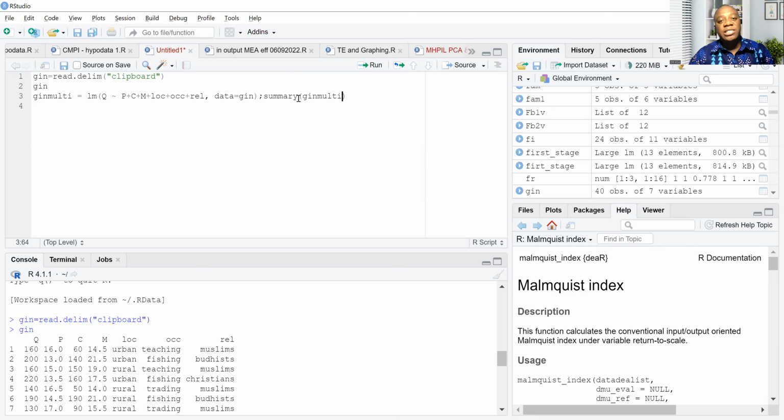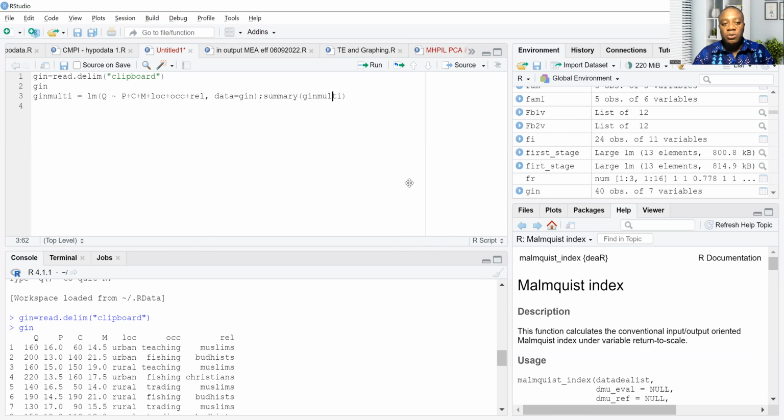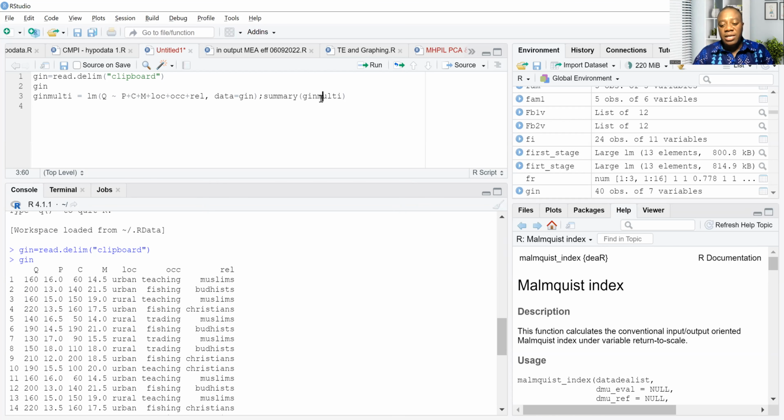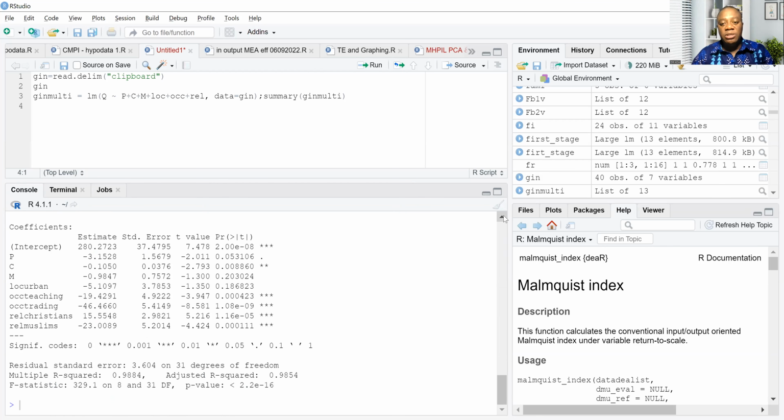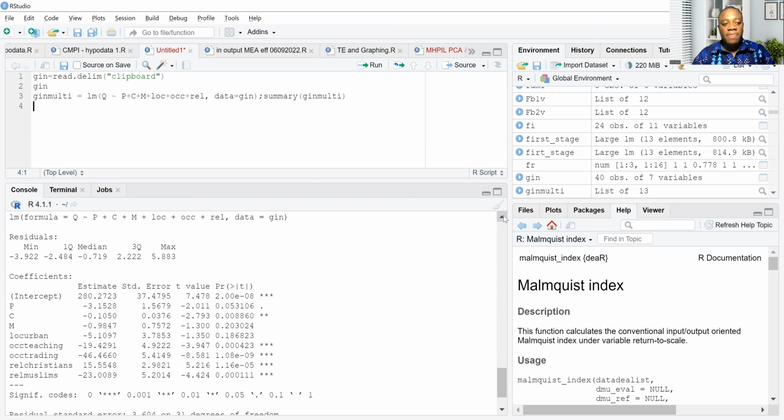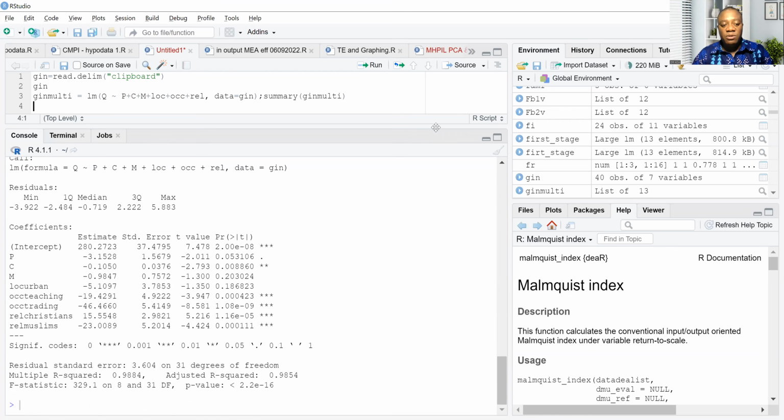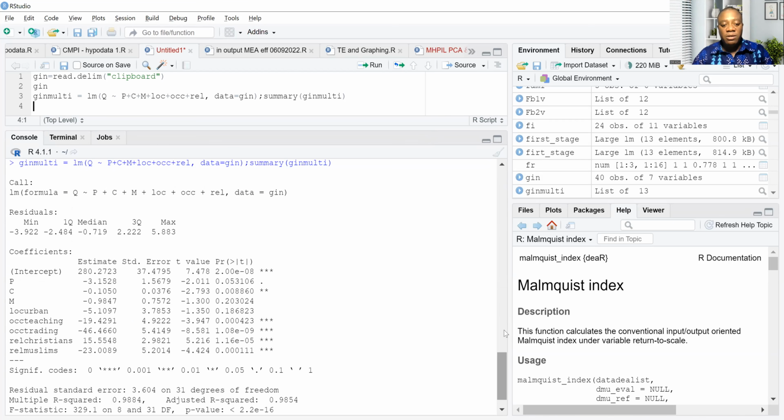If you have this command, just click run. Just click run, and you will have a beautiful regression result showing down here in the console. So I'm going to click run, and beautiful, you see it down here. You have some beautiful regression results showing down here in the console.